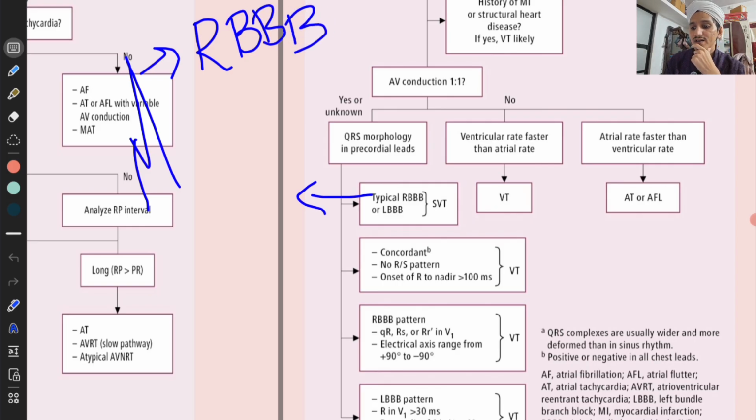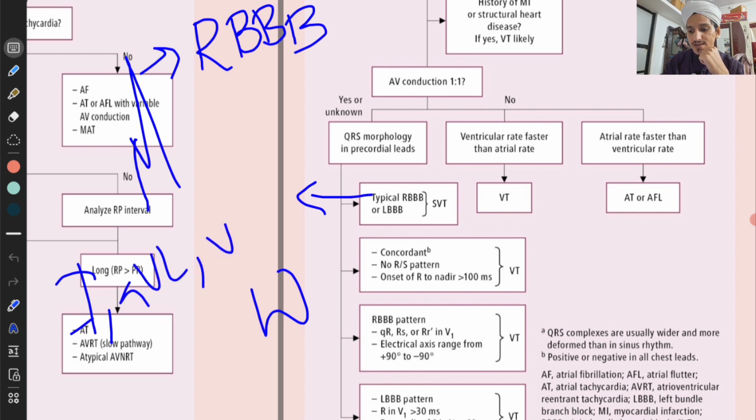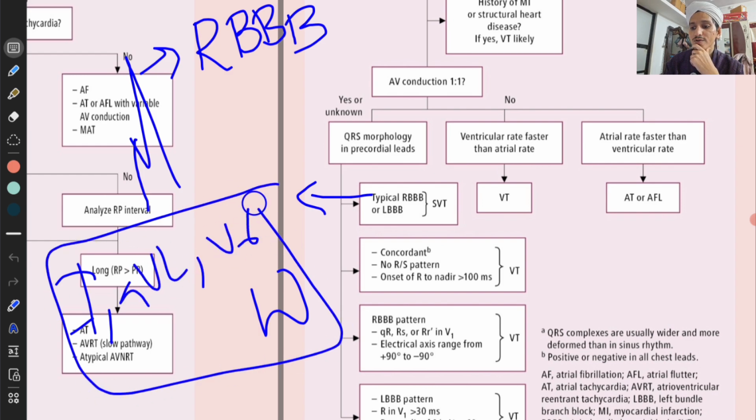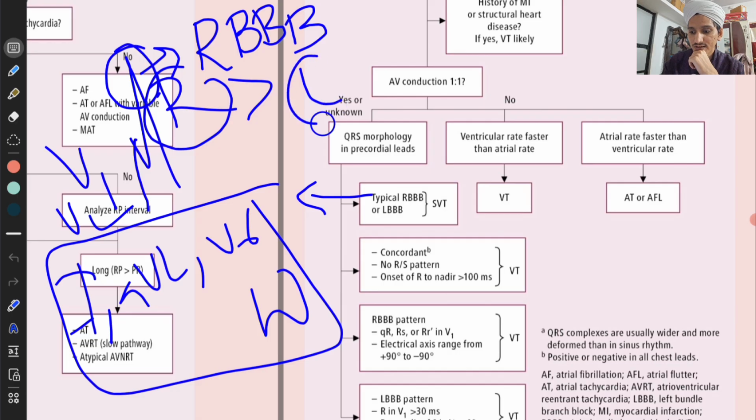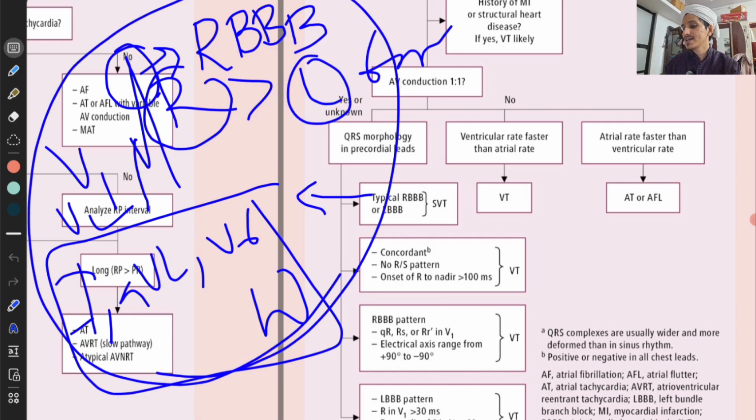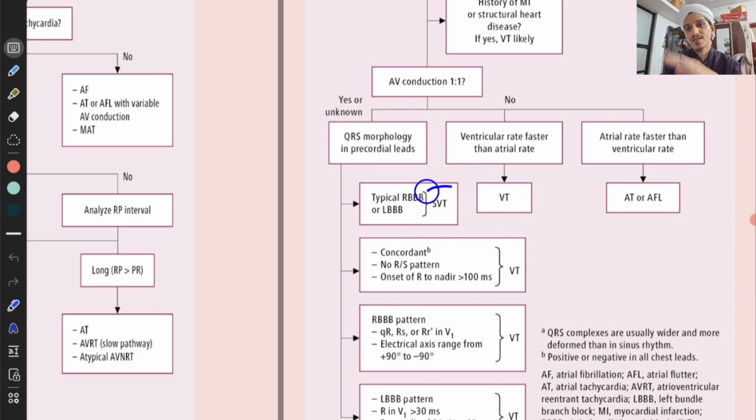You will have a W pattern in lead 1, aVL and V6, and the rabbit ears in V1 and V2, where the right rabbit ear will be taller than the left ear. So this is the typical RBBB pattern. Then that is SVT.